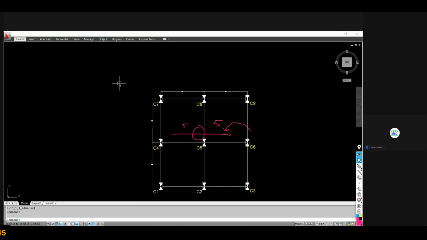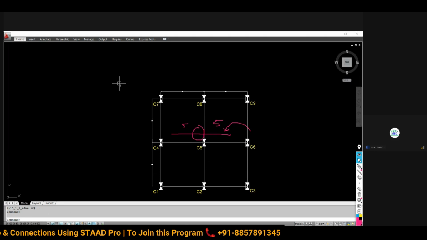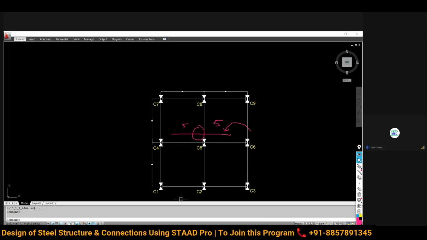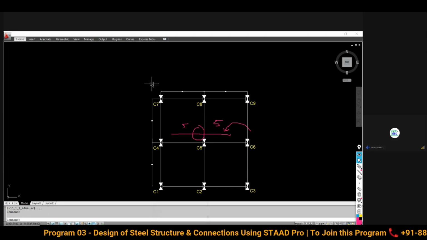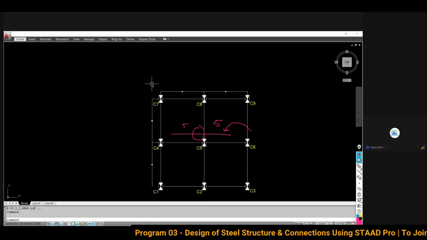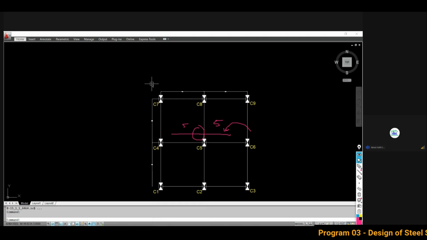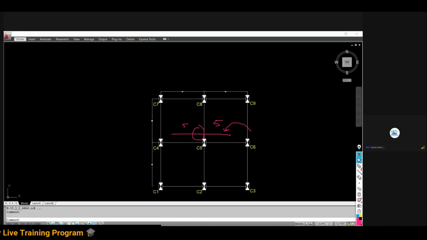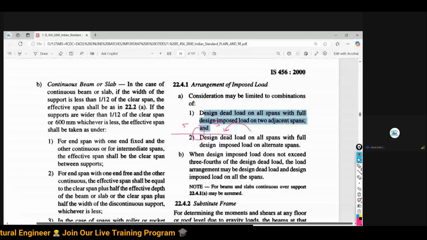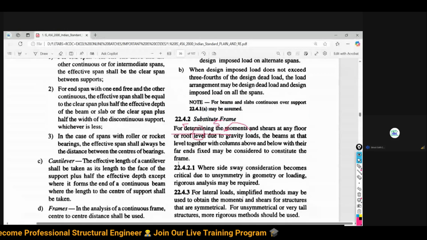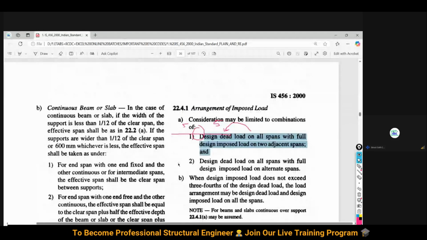And I'm not defining this myself, this is actually considered by your IS code also. The IS code recommends that if you are going to design any column, although it is purely axially loaded, or eccentric, uniaxial, biaxial, okay fine, but if you are getting any column, still you have to consider the eccentricity, and that is given in your IS 456-2000.